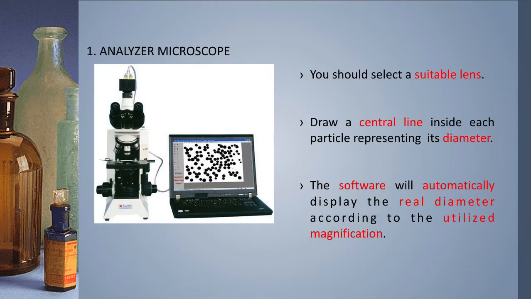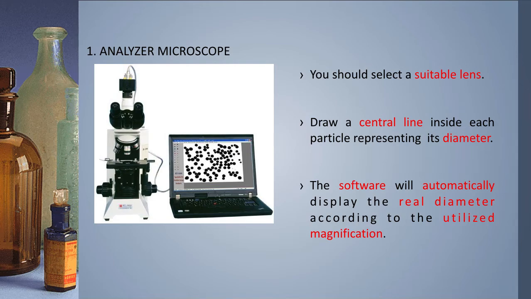After preparation of the sample, you should put it under the microscope on a slide and use the suitable lens, either 10 or 40, based on the magnification that you need. This microscope should also be connected to a desktop or laptop with software transferring the picture to your screen, and you can use your mouse just to draw a line, very simple, inside each particle.